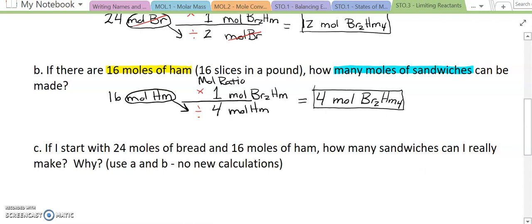It's both. Ham is just ham, and bread is just bread. If you don't have the other ingredient, then you can't make a ham sandwich. So while I have enough bread to make 12 sandwiches, I only have enough ham to make 4 sandwiches.